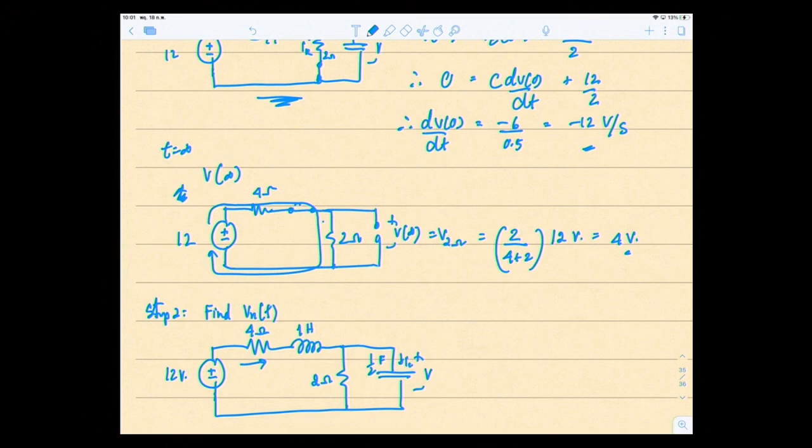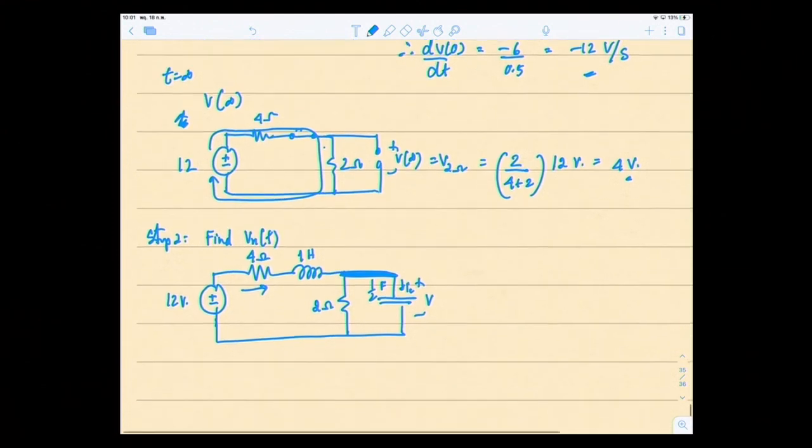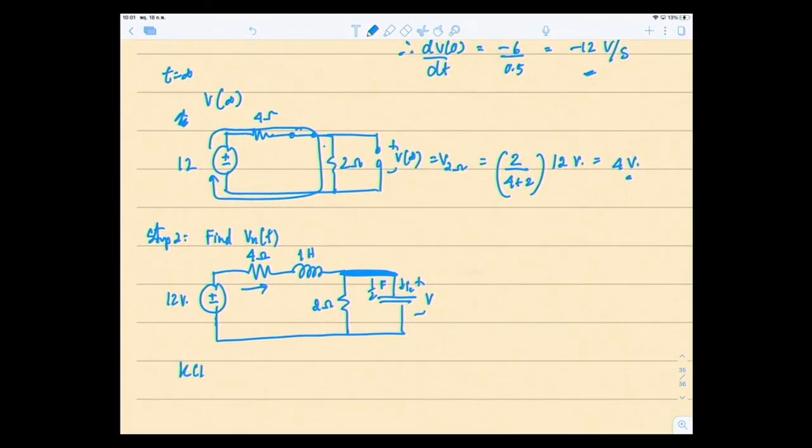We want to find V. V is across the capacitor and these 2 ohms. So I'm going to write KCL at node V right here. I didn't write it completely.